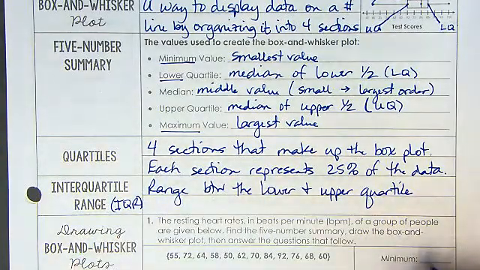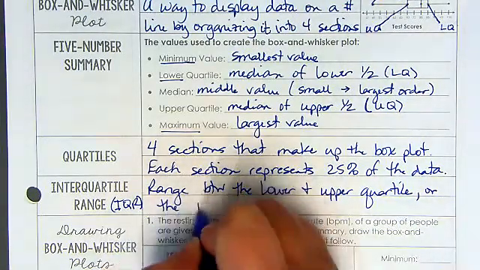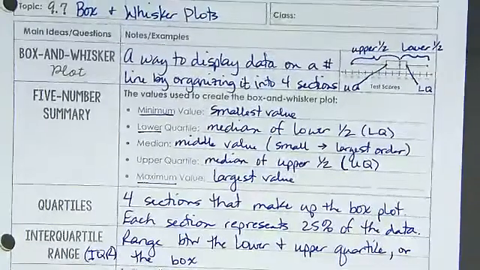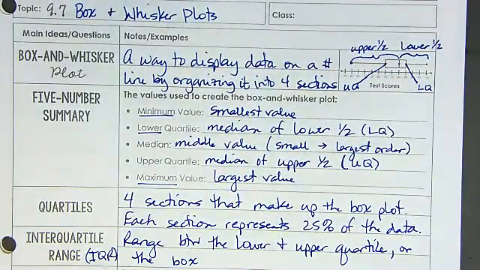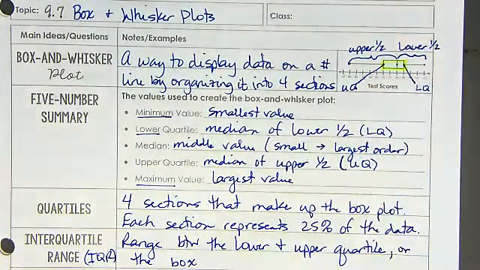It is the range between the lower and upper quartile, or the box. It's the box of the box and whiskers. That's the interquartile range. So let me highlight that real quick. That is this right here. That's my interquartile range.